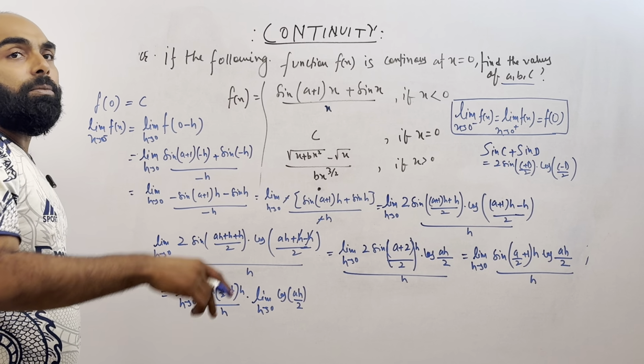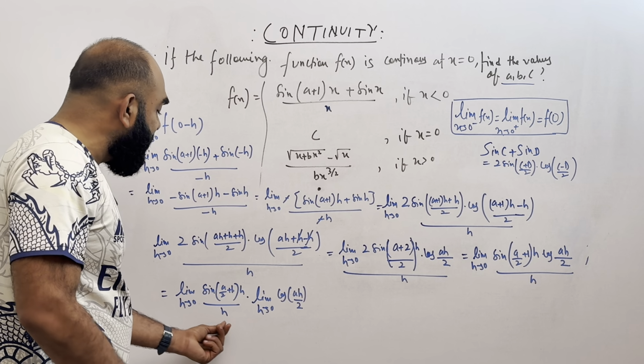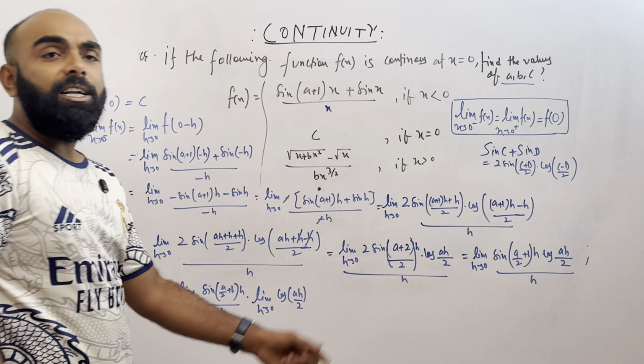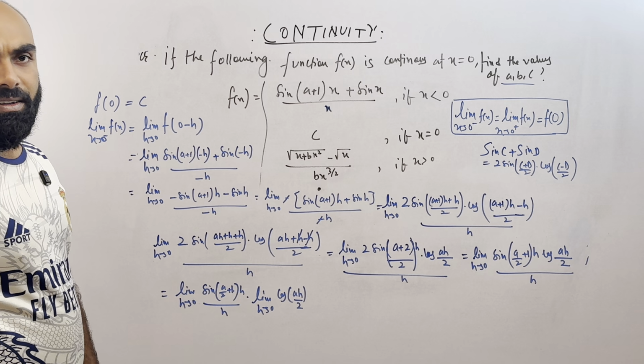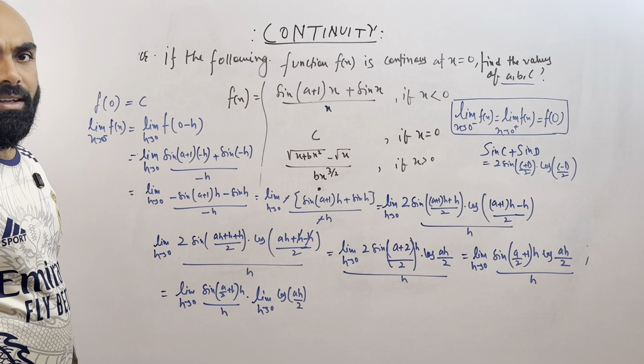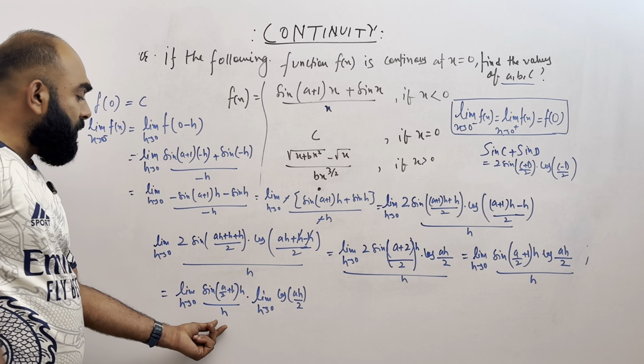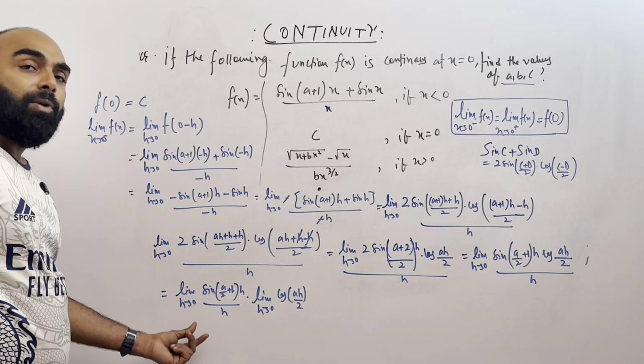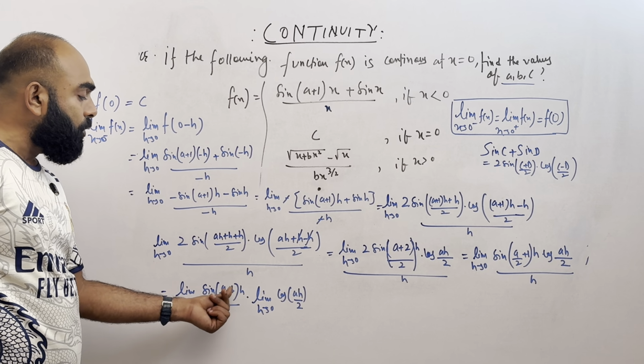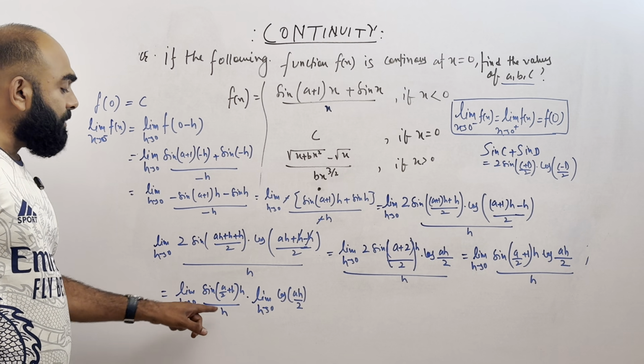If there were a plus or minus, I would have to keep h in both places. This is multiplication. Now we have to apply the formula of sine dabba. Dabba is a by 2 plus 1 into h, divided by dabba.